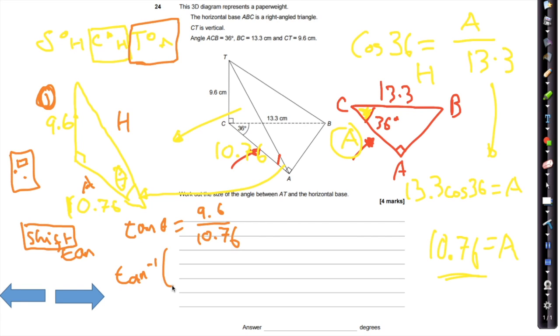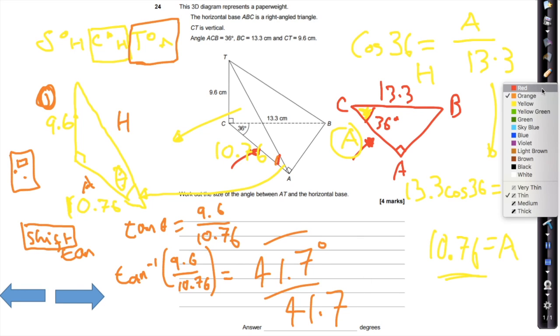That should get you tan to the -1, and then you press 9.6 over 10.76, close the bracket, equals, and then it will give you 41.7 degrees.